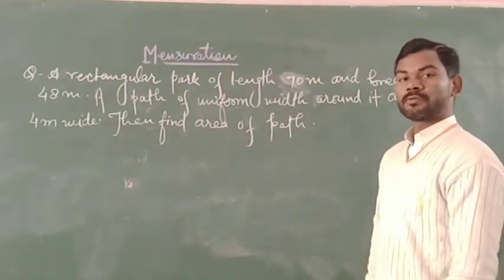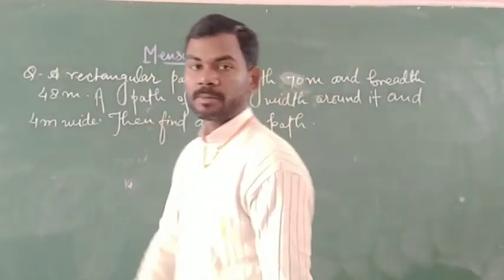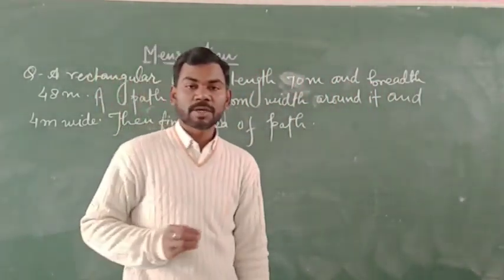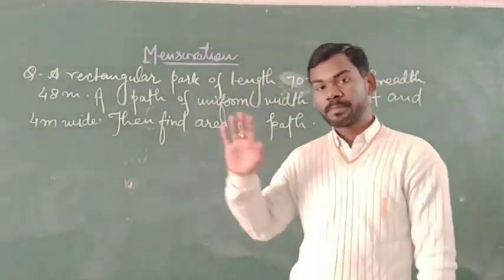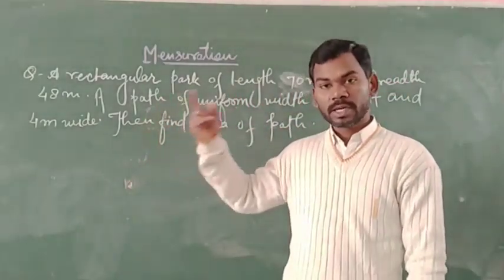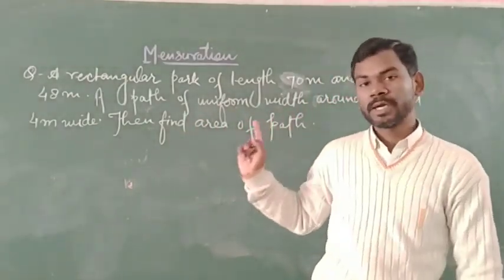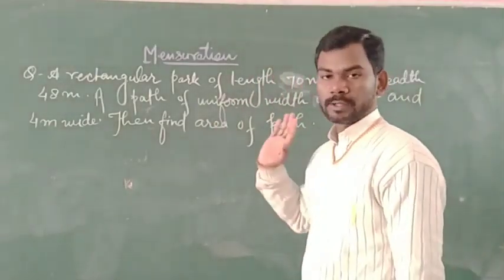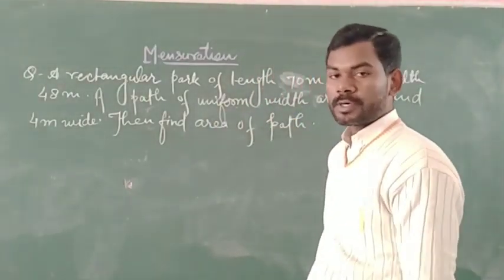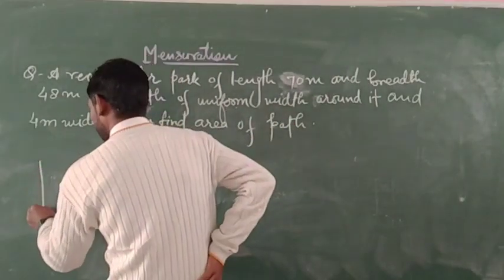So now let us see what the question says. The question says that there is a rectangular path of length 70 meter and width 48 meter. There is a path around the rectangular path of 4 meter wide. So we have to find out the area of path. First of all, let us draw the figure.